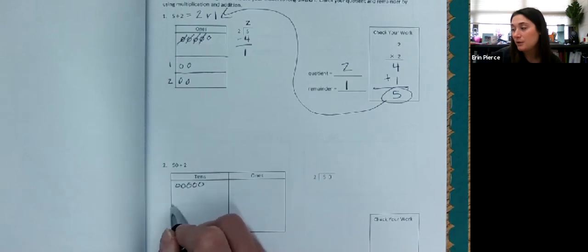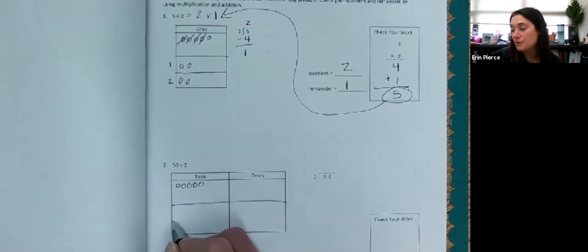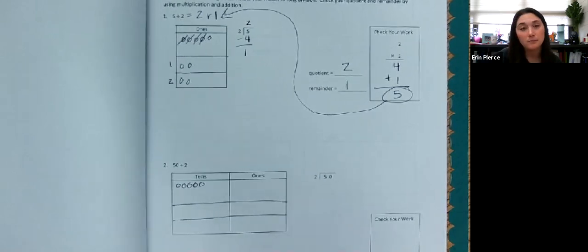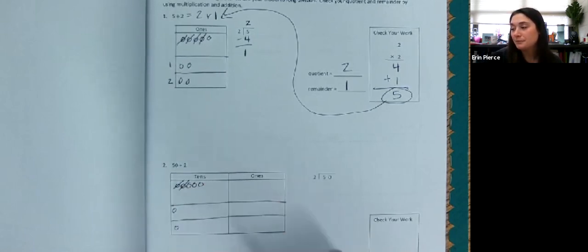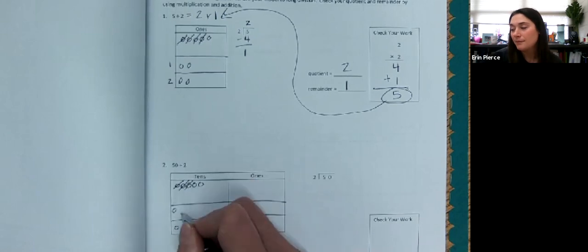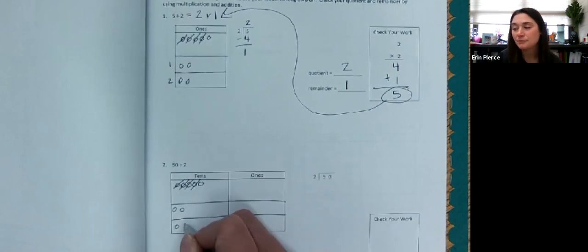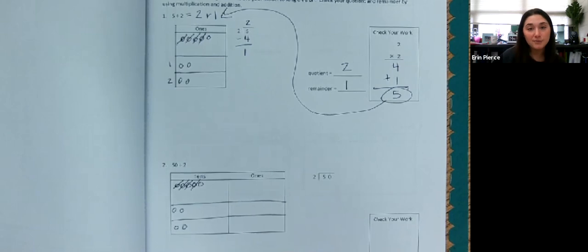And I have 2 groups. 1, 2, 1, 2. And I have 1 left in my tens place.